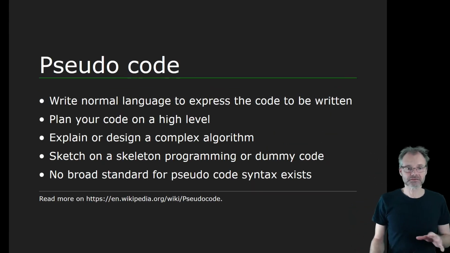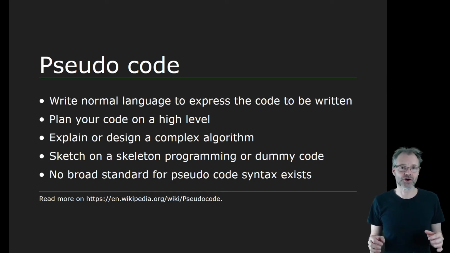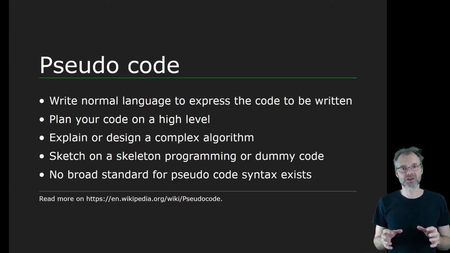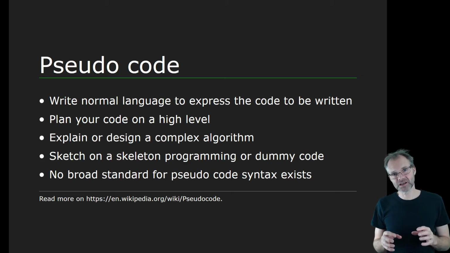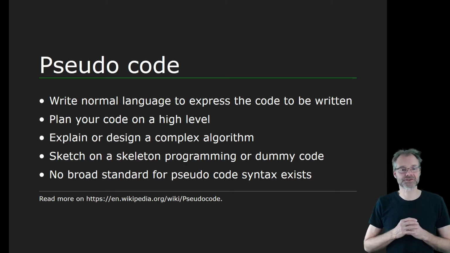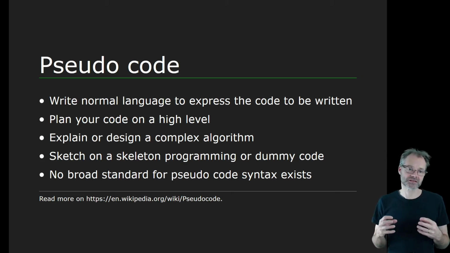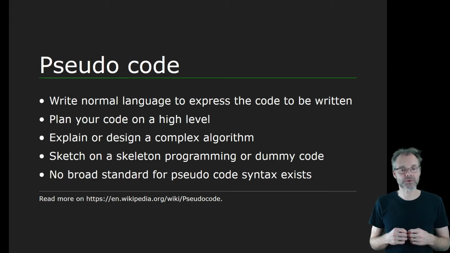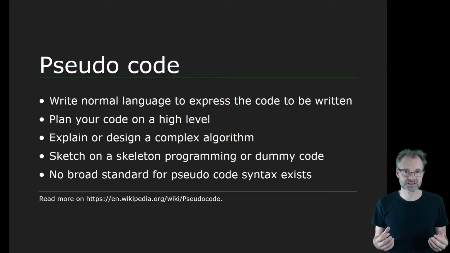So let's move into pseudocode. And this is pseudocode that we could use when we are defining one of these small subsystems. So pseudocode is like writing the normal language to express the programming code that is to be written. But for now we are on a high level, so we use normal language.